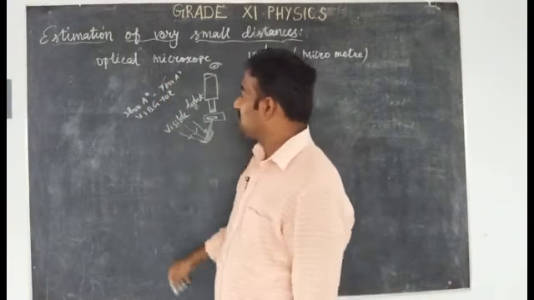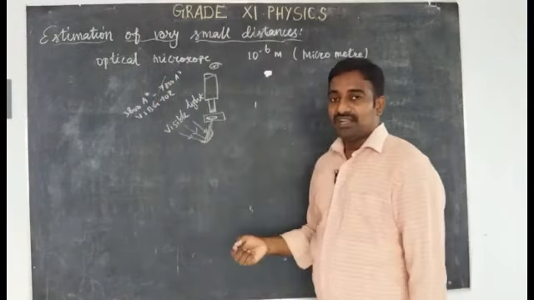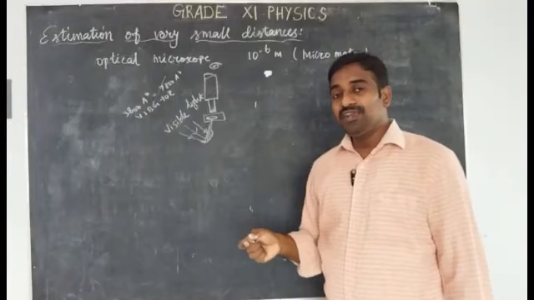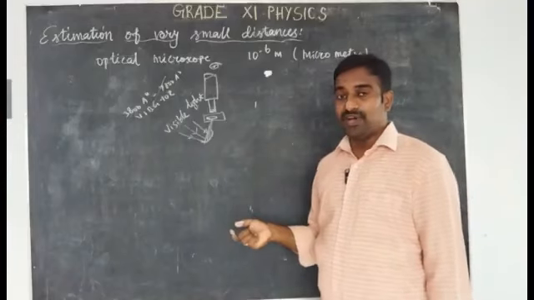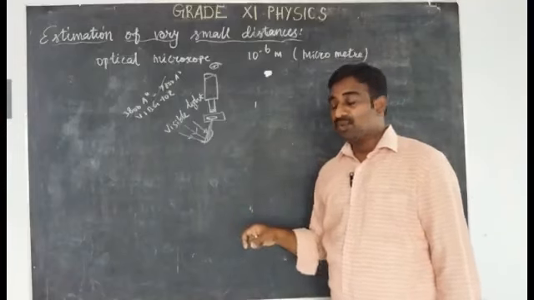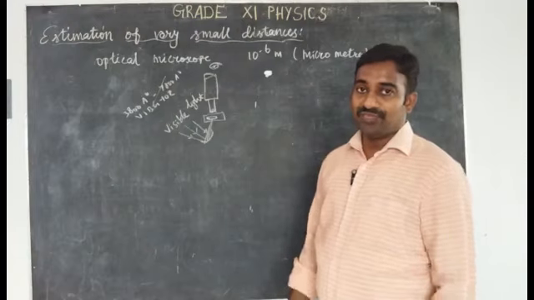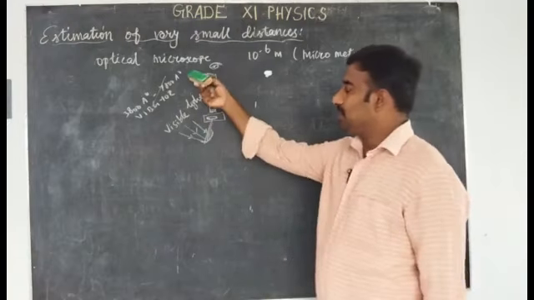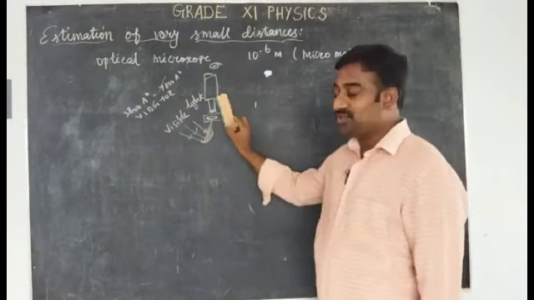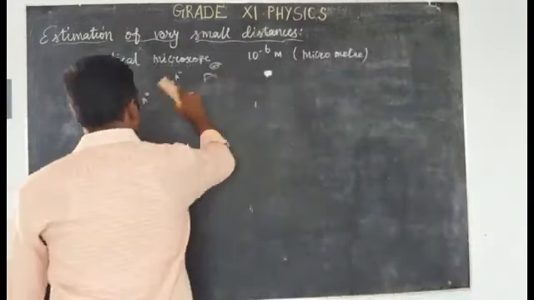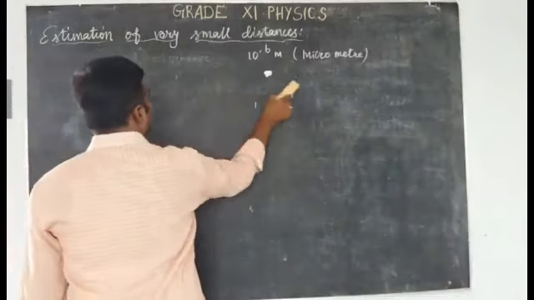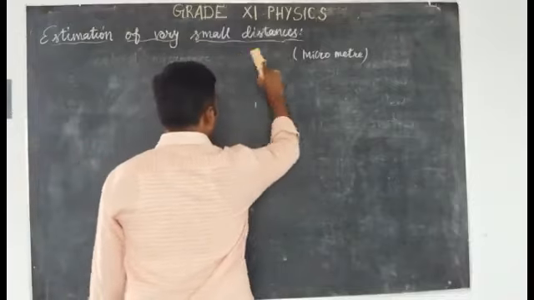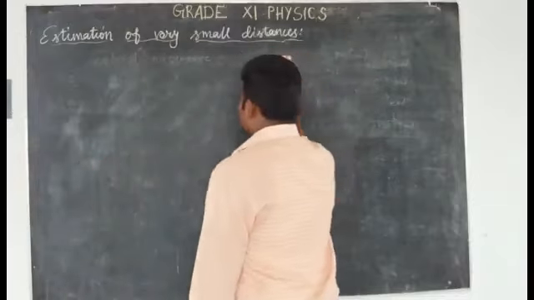So the resolution is up to this, but if you want to estimate the size of an atom, or the size of a molecule, or the size of the nucleus, we cannot use an optical microscope, because the optical microscope has a limitation up to this alone. But the size is less than a micrometer. Micrometer size we cannot estimate with an optical microscope.